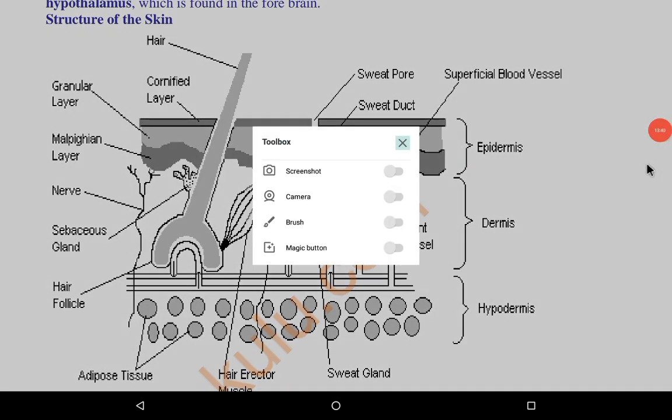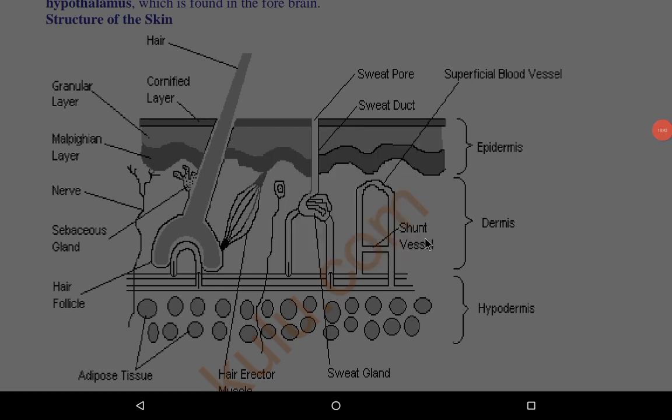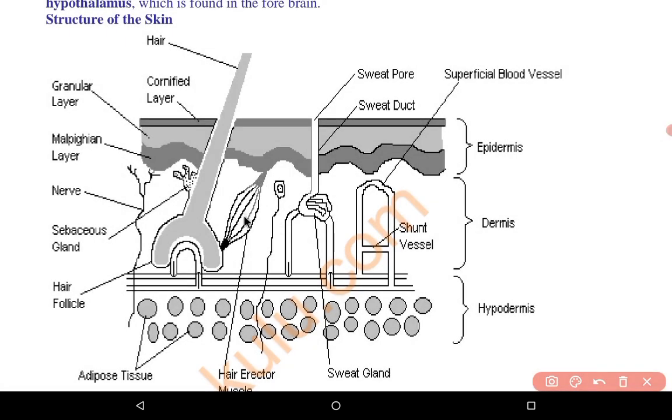If this muscle contracts, it's going to pull this part. Okay, and this hair is going to stand upright. So this is happening when it's very cold. So when it's cold, most of the hair on your skin needs to stand upright.